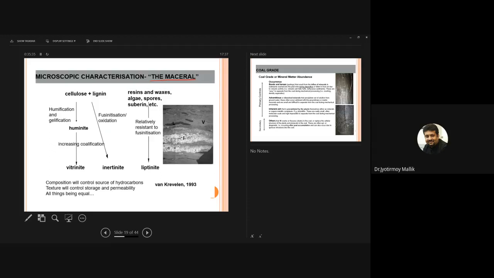So macerals are primarily of three types. First one is called vitrinite, the second one is called inertinite, and the third one is called liptinite. So the matrix that we have been talking about, if you look at coal under a reflected light microscope, you will be able to find them.